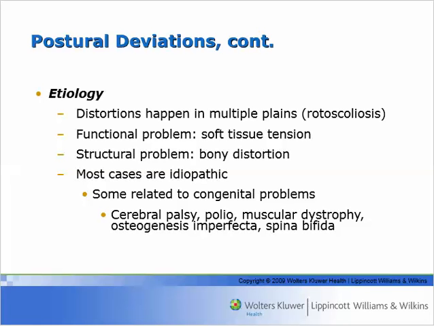Things like muscular dystrophy would be myopathic, and things like paralysis or polio would be neuropathic.